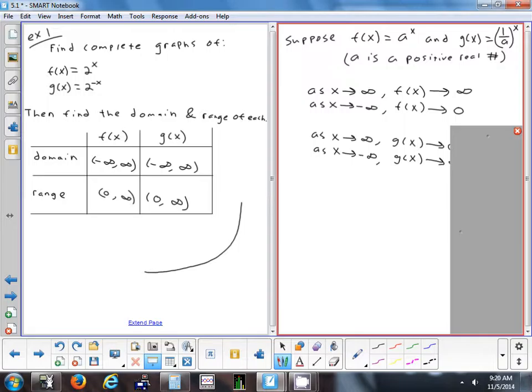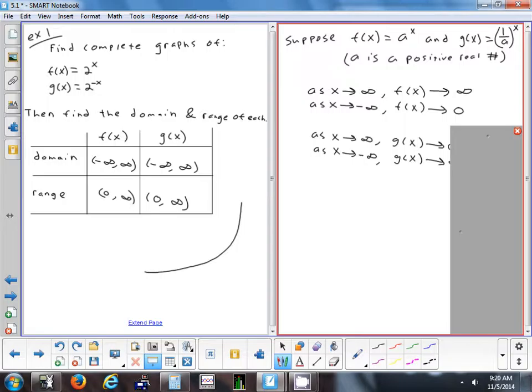Okay, now let's look at g of x. So g of x is the one where the graph is kind of flipped around. What happens as x gets really big in g of x? As x starts to get bigger and bigger and bigger, think about what that graph was approaching.